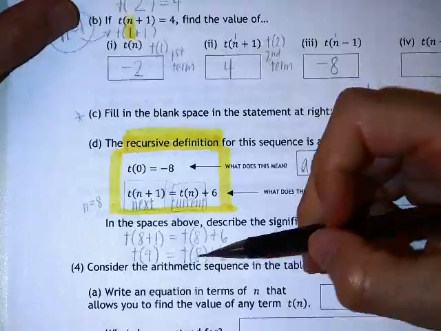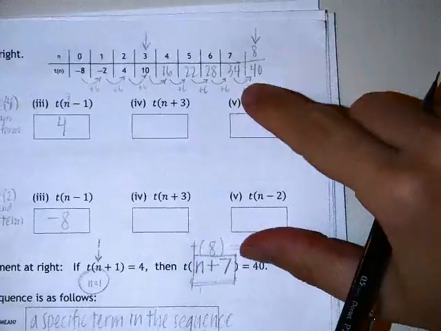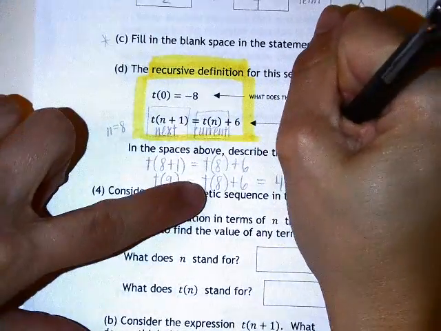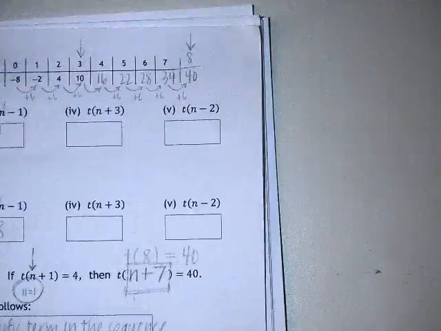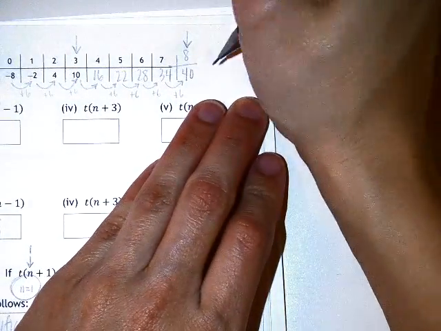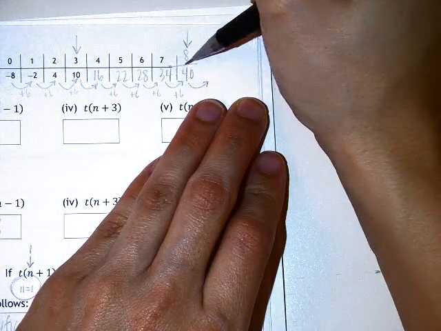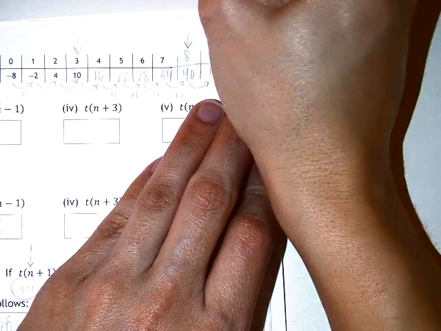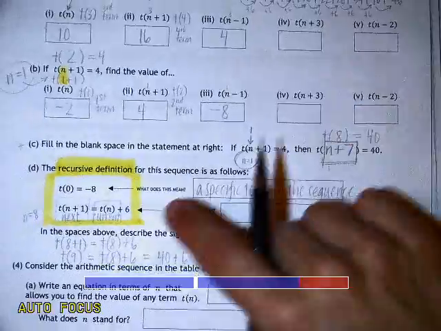I would think logically, and I'd say to myself, oh, t of 8, that's the 8th term. Well, according to my table, the 8th term is 40. So 40 plus 6 is 46. And sure enough, if I was looking at my table and wanted to get the next term, I'd take the current one, 40, I'd add 6 to it, and voila. There's the 9th term, 46, just like the formula predicted.